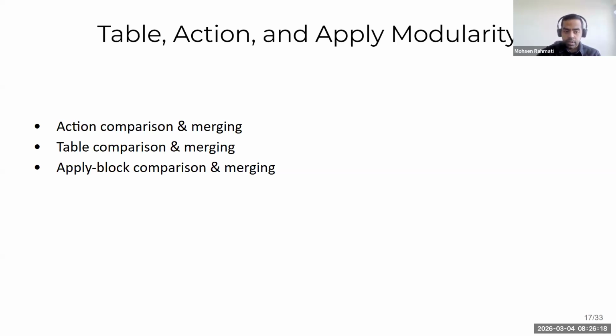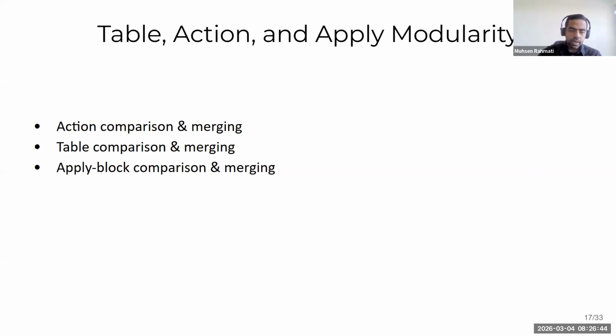And about tables, we compare recursively, firstly the key, size, default action, and the names of the actions that the table uses. And if they are the same table, the compiler keeps one of them.